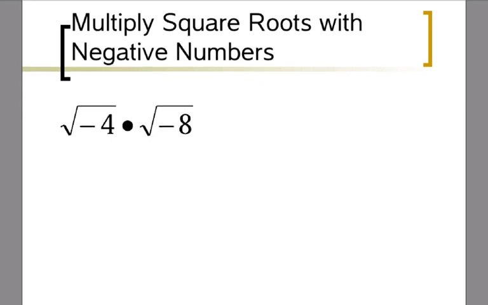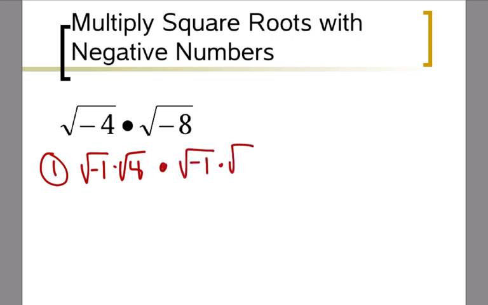So now we're going to practice multiplying square roots together with negative numbers. Now, there's two ways to go here. The first method is to actually pull out i's like I was doing before. And I could rewrite this to be square root of negative 1 times square root of 4, and then multiply that times the square root of negative 1 times the square root of 8.